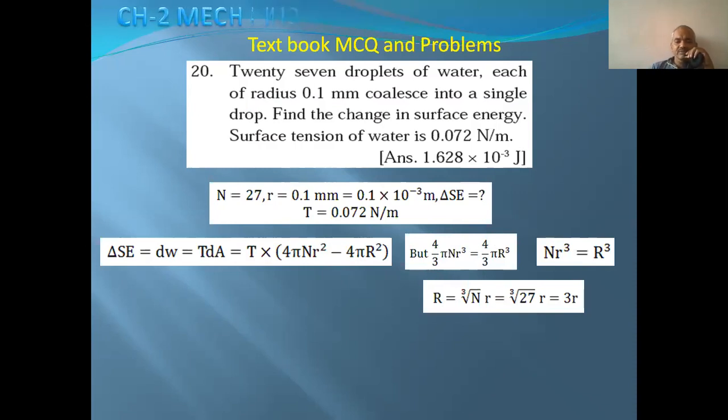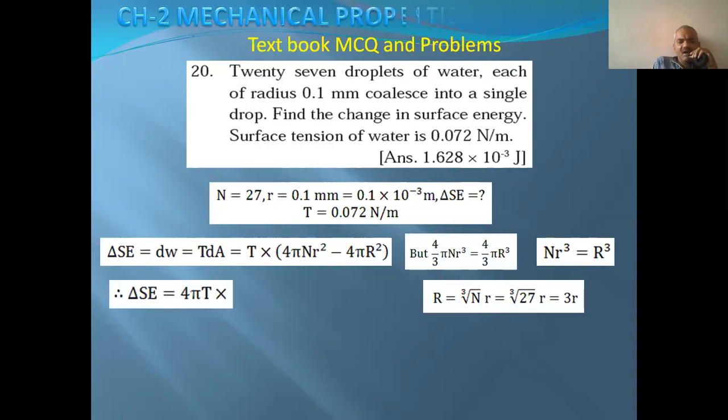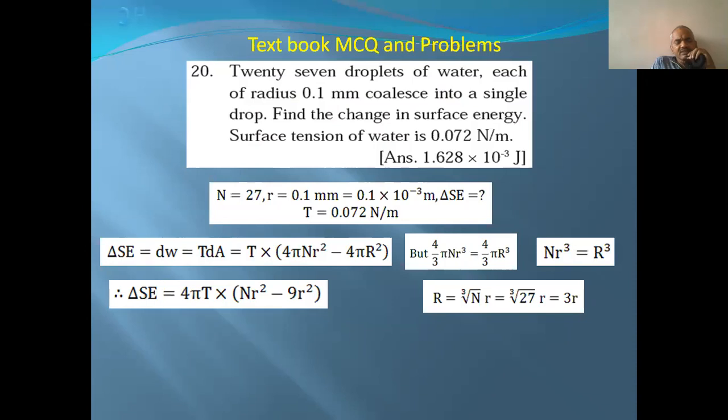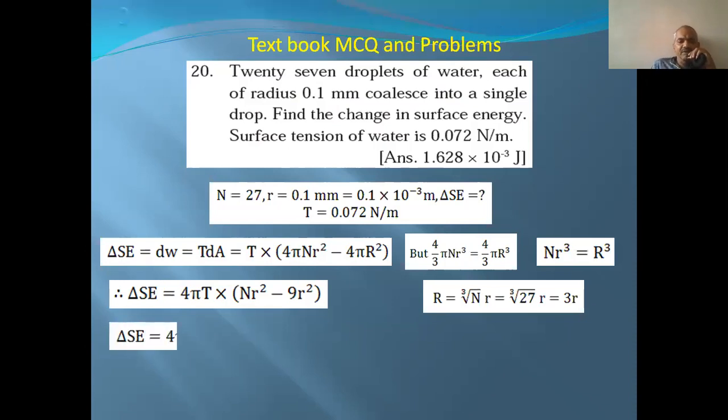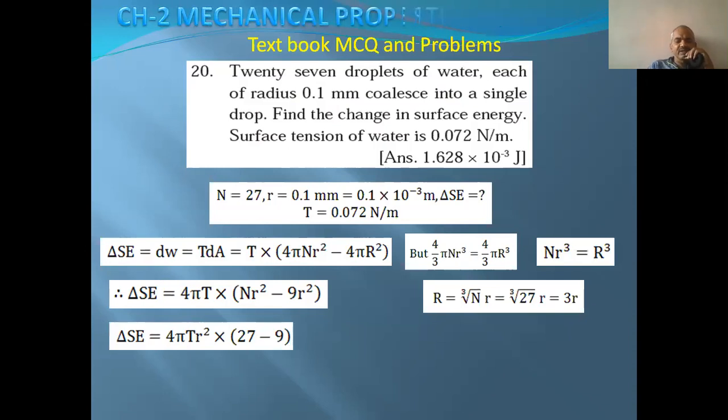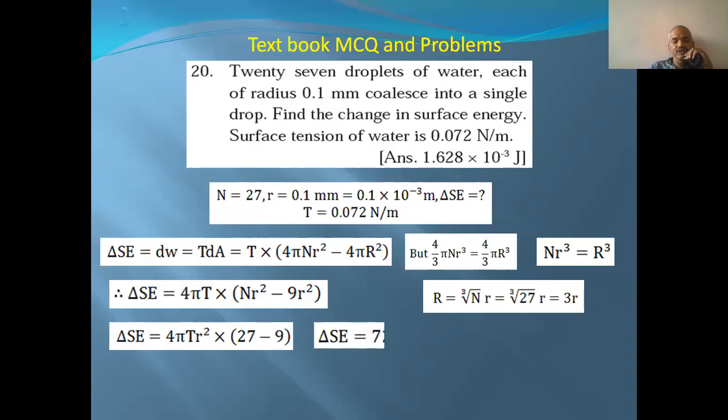Substitute this value of capital R in the relation. You get the change in surface energy as 4 pi T into bracket N r square minus 9 r square. Substitute the value of N and take r square outside. You get 27 minus 9, that is 18, into 4, that is 72 pi T r square.